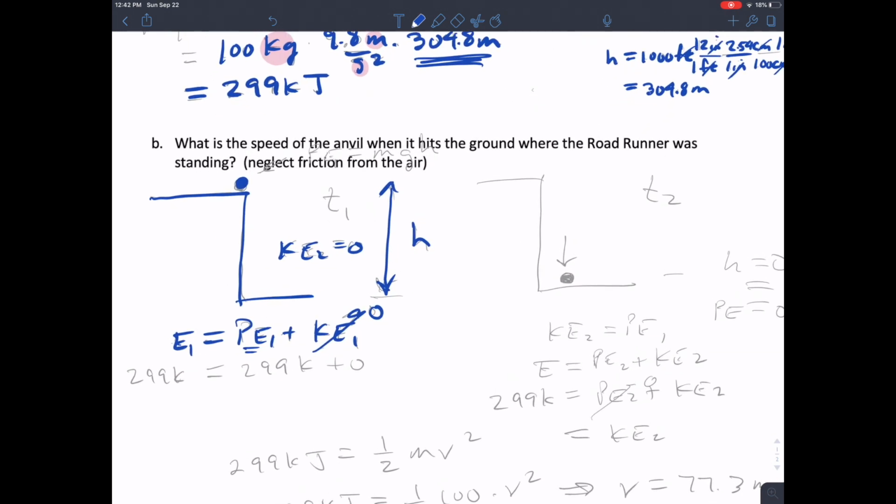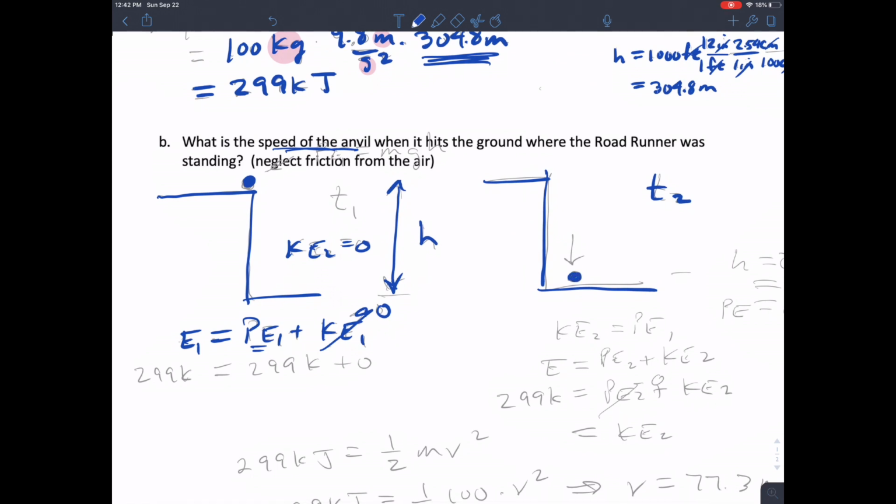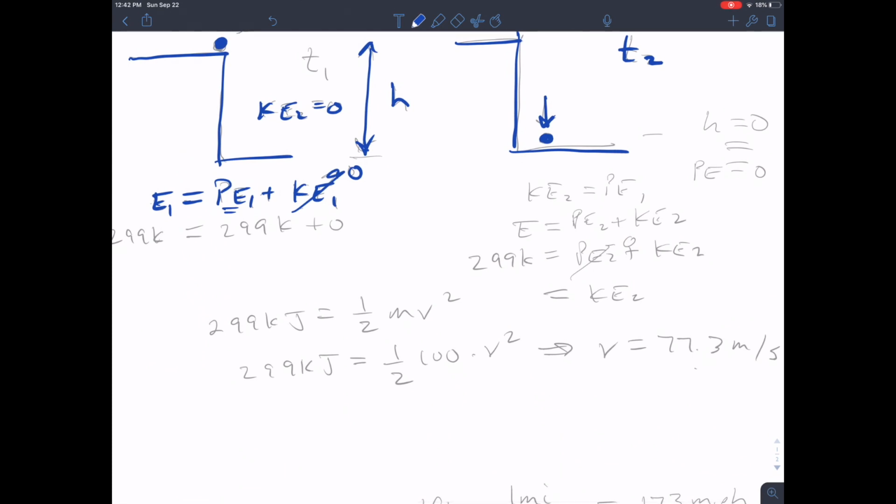So then in part B, we're wondering what is the speed of the anvil when it hits the ground. Okay, so that's the second time that we are looking at, time 2. So we drop the anvil, and then we're looking at it right before it hits the ground. So remember, there's always this trade-off between potential energy and kinetic energy. So I'm going to call this E2 is equal to PE2 plus KE2, kinetic energy 2.